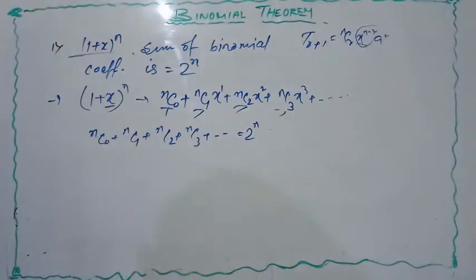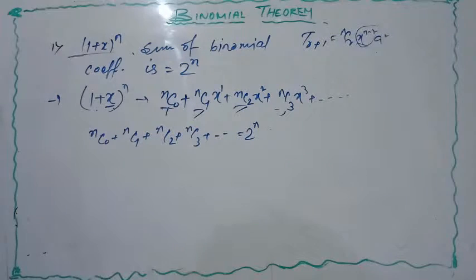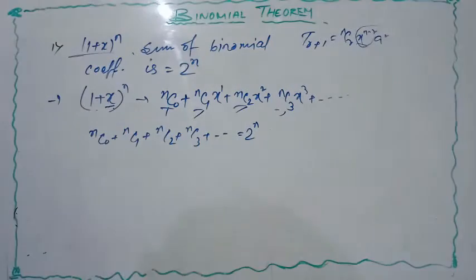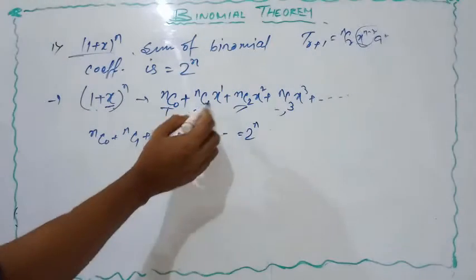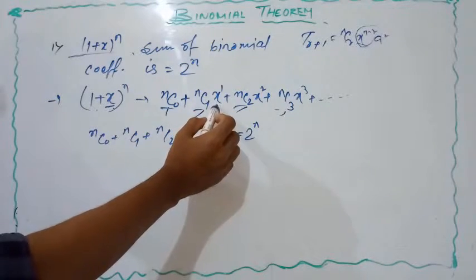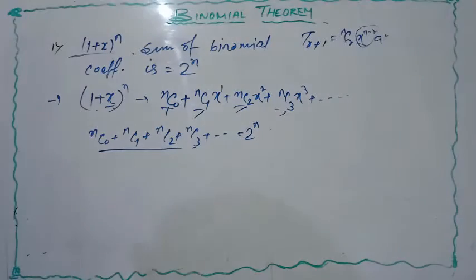How can we get this? Look, in this expression (1 + x)^n, if we somehow vanish x from all these terms, then we will get this sum.